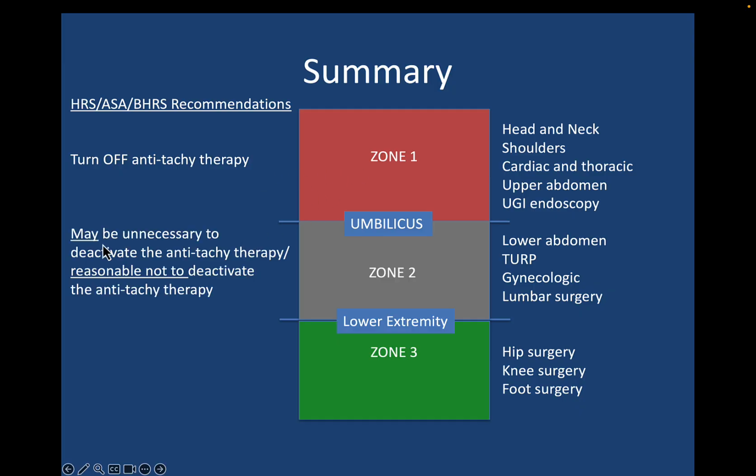For zone 2, may be unnecessary to deactivate the anti-tachytherapy, or reasonable not to deactivate it. Basically, there's a little bit of support here that you don't necessarily have to turn off the anti-tachytherapy. You can potentially leave it on according to the HRS paper and also according to the British Heart Rhythm guidelines. Lower extremity surgery, you have this quote from the HRS document: neither reprogramming nor magnet application is mandatory.